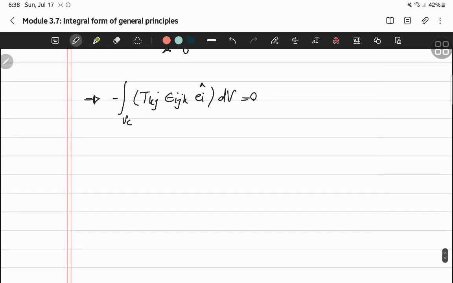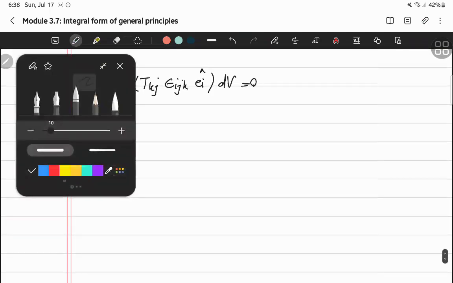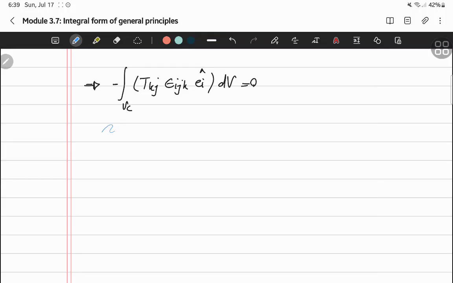So let's find out these values in here. We have k and j as the dummy indices and i as the free index. Therefore, we sum over the dummy indices, and this has three equations, because i can occupy 1, 2, and 3.